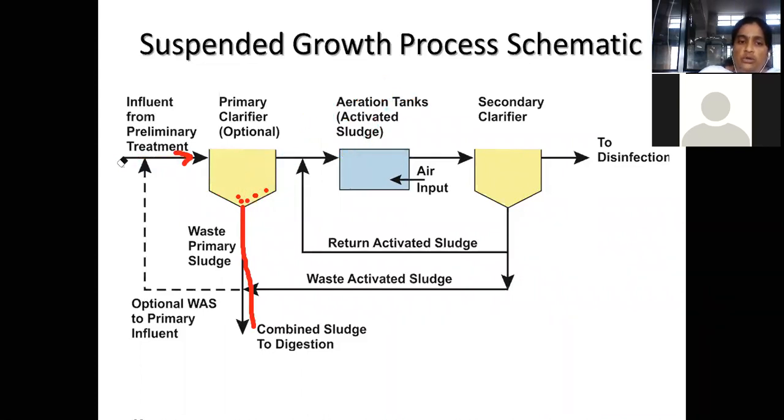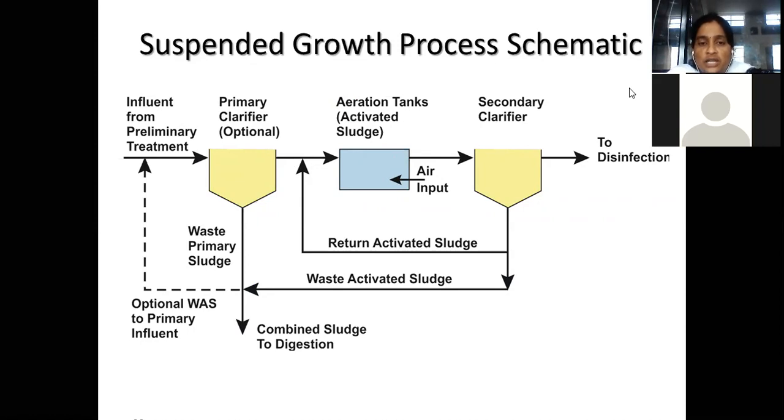Now, these microorganisms will consume the oxygen with the help of aerators, and once they are consuming the oxygen, they will easily break down the organic impurities present in sewage. That means the entire organic impurities are being consumed, and they are in the stomach of the microorganism.